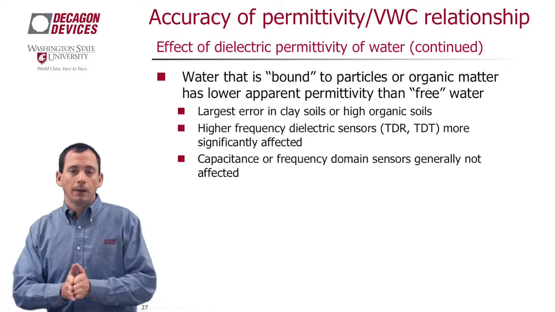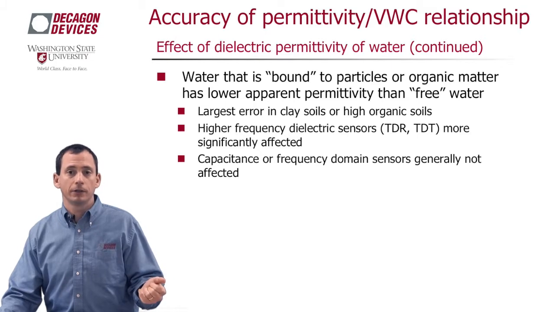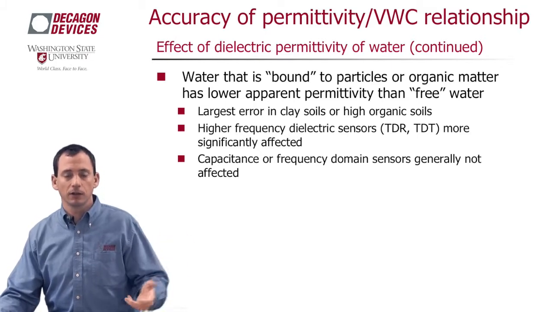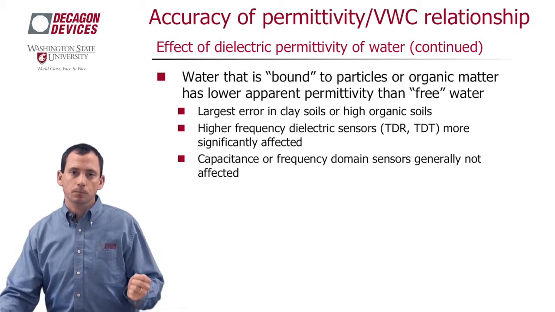So in some clay soils or very highly organic soils, the high frequency measurement techniques, TDR and TDT, can be significantly affected by the bound water, meaning that you won't see that water with those measurements, and the dielectric permittivity and corresponding soil moisture measurement will be too low.